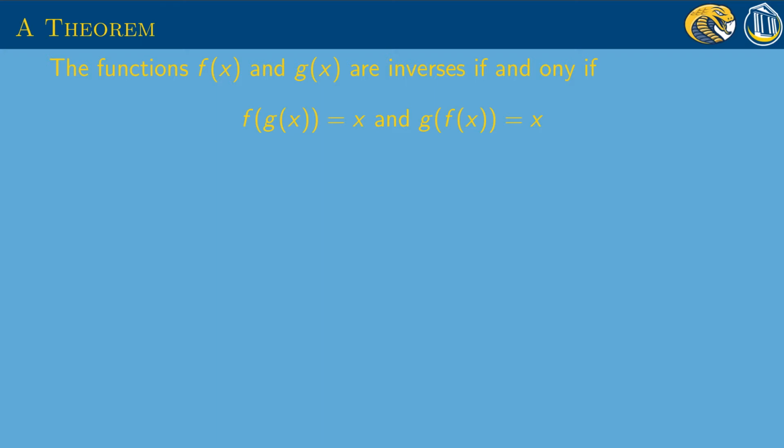We have a theorem here, and our theorem says that the functions f of x and g of x are inverses if and only if f of g of x equals x and g of f of x also equals x, which is to say that if these two functions are inverses, when we plug our input x into a function, we will get the same output x.